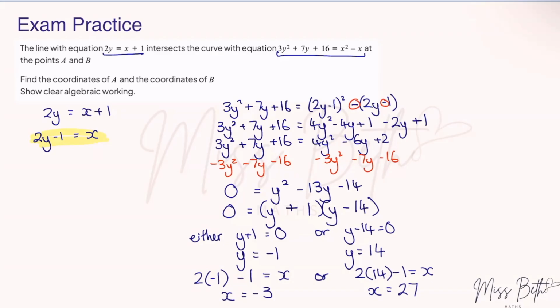So we've got one x and one y value, and then another x and another y value. You just want to put these back into coordinates. So negative 3, negative 1, and you would also have 27, 14 as your points A and B.